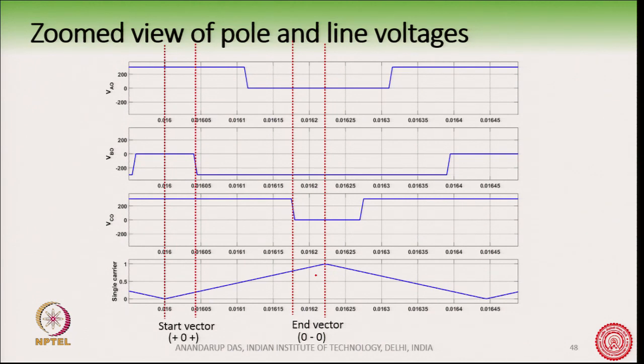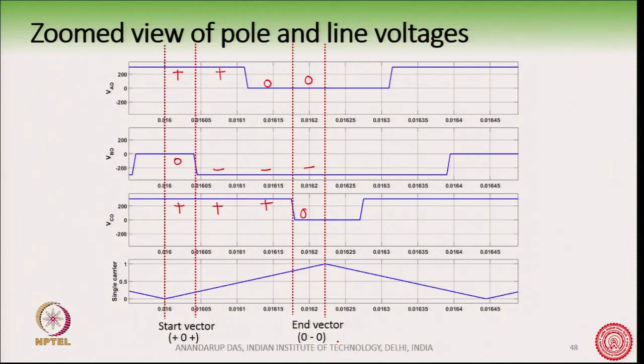The start vector is plus 0 plus, then plus minus plus, then 0 minus plus, and then 0 minus 0.